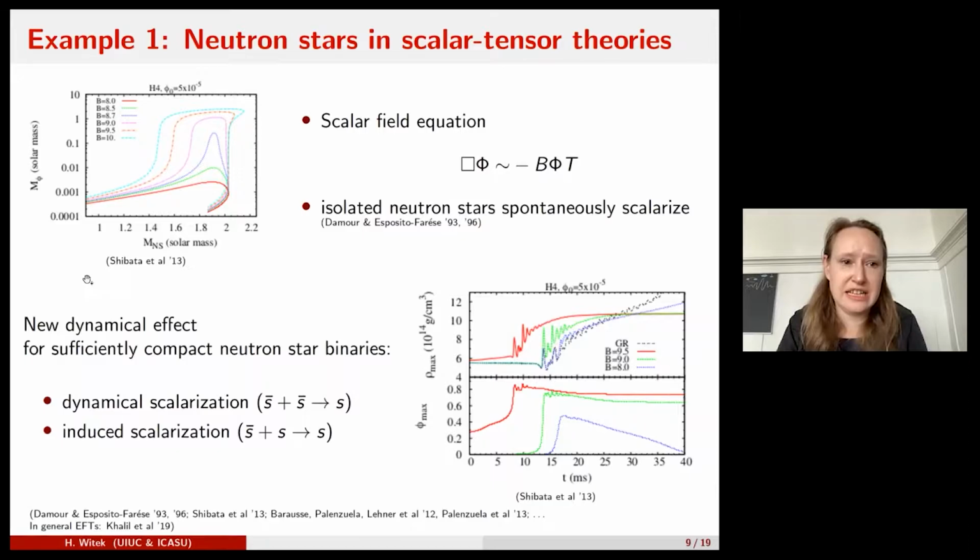Here on the left, we see one example from a paper by Masaru Shibata and collaborators, where we have the mass of the scalar field versus the mass of the neutron star for a specific equation of state and a range of these parameters B. You see that as we increase this parameter, we may focus on the orange line, which should be visible quite easily, you start exciting the scalar field.